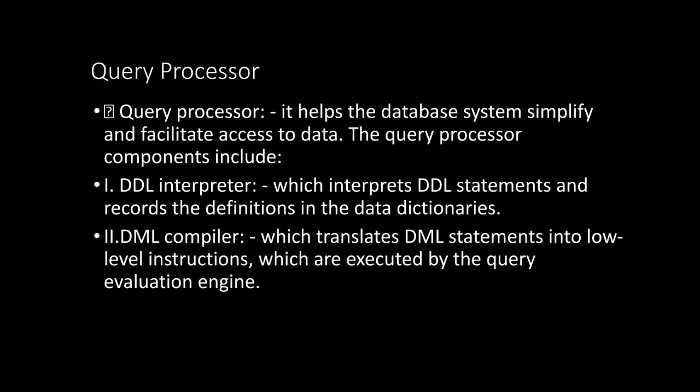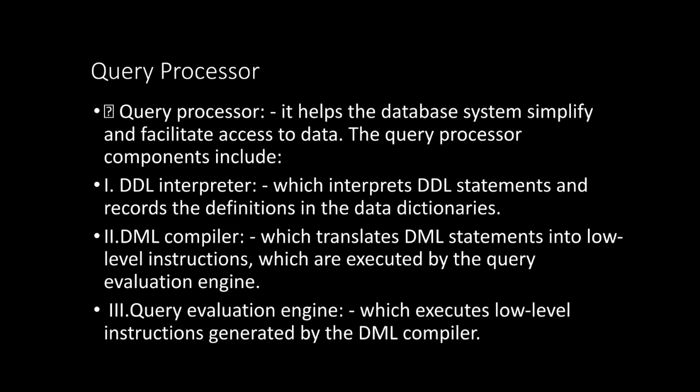So whenever you're asked what this DML compiler does, you should say it accepts the queries and then translates them to low-level instructions, which are then executed by the query evaluation engine. Then this query evaluation engine generates object code in the application programs.